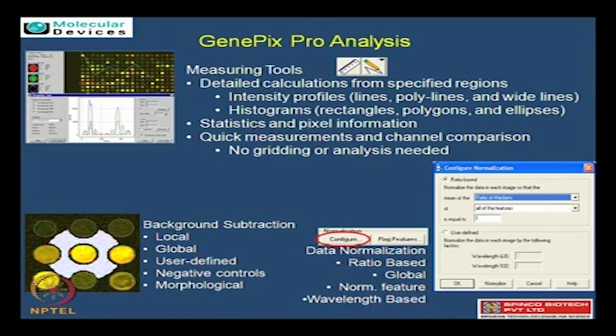And we also have a global background. Any other place, a hole in the chip where the spot is not present, the different background levels can be calculated at different specific positions. Now this can be used to calculate the global background corrections. As you elaborated in the last lecture, there are user defined ones.